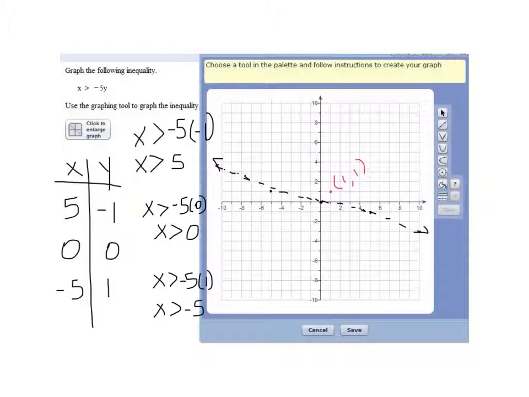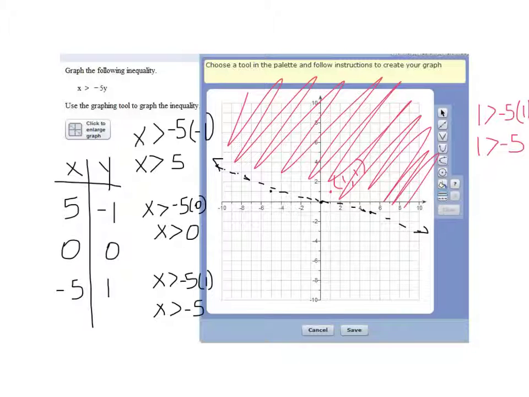So I'm going to substitute in 1 and 1 for my x and my y into my inequality. So I have 1 is greater than -5 times 1. So I get 1 is greater than -5. And that's a true statement. So if it's a true statement, then I shade that portion, that side of the line.